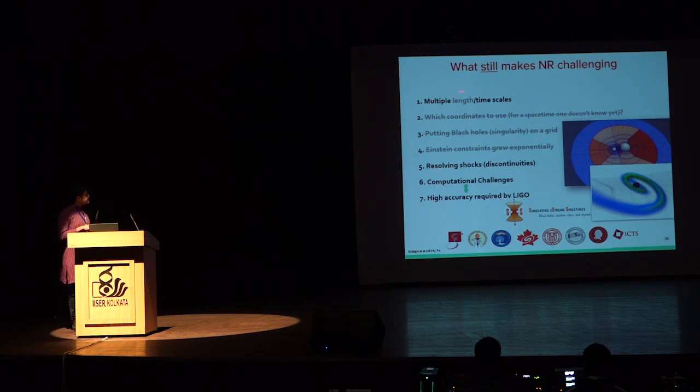So the first is the ability to handle multiple time scales. So you can see from this picture here that the smallest length scales and time scales exist in this region near the source here, while outside is pretty much empty space, right? And so one in principle could use a different time step.